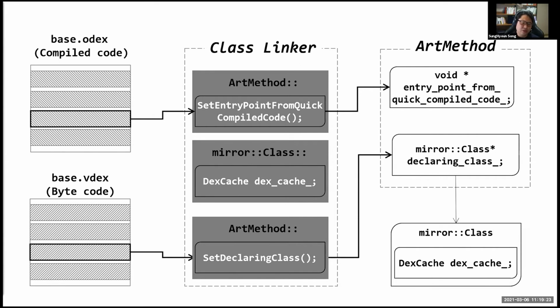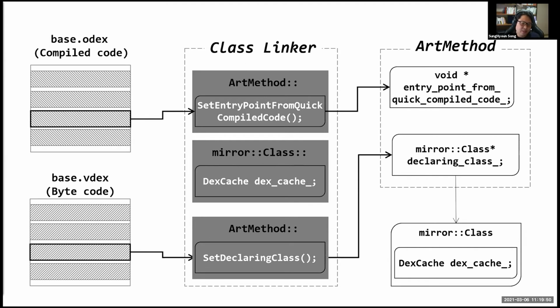Before the execution, all methods in the app are linked to the execution code as ART method objects. The class linker calls the function SetEntryPointFromQuickCompiledCode to assign the address of the AOT code to the entry_point_from_quick_compiled_code variable of the ART method object.